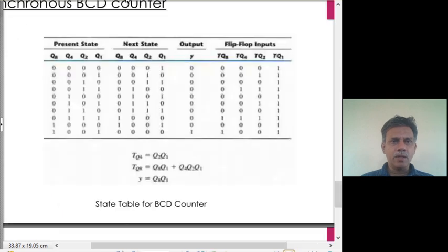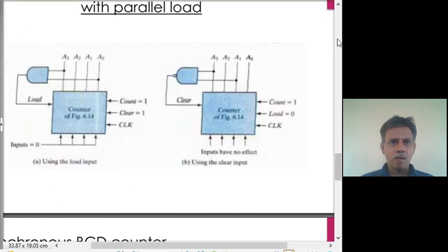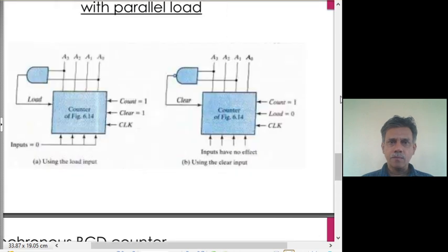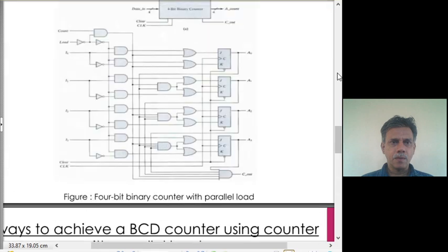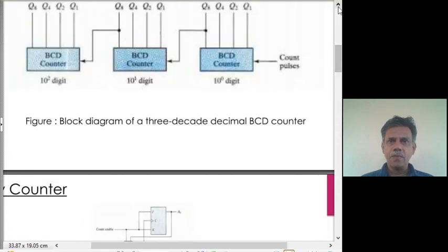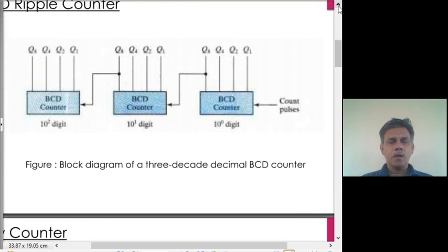Before talking about the timing diagram, we will just quickly look at how, if you have BCD encoded numbers with 3 BCD digits in it, we construct a counter based on that.